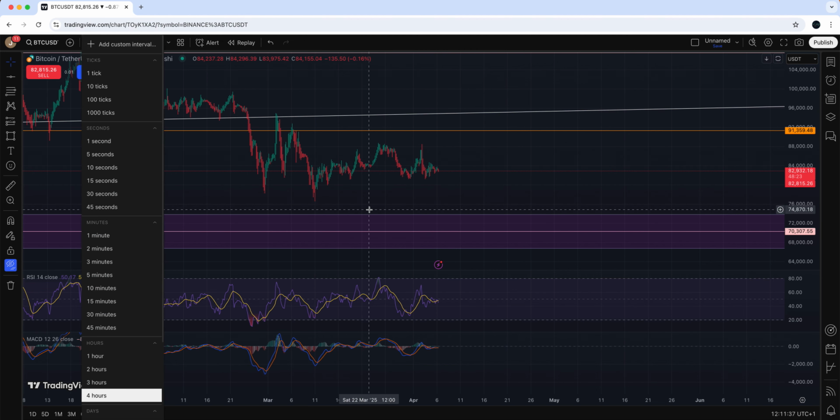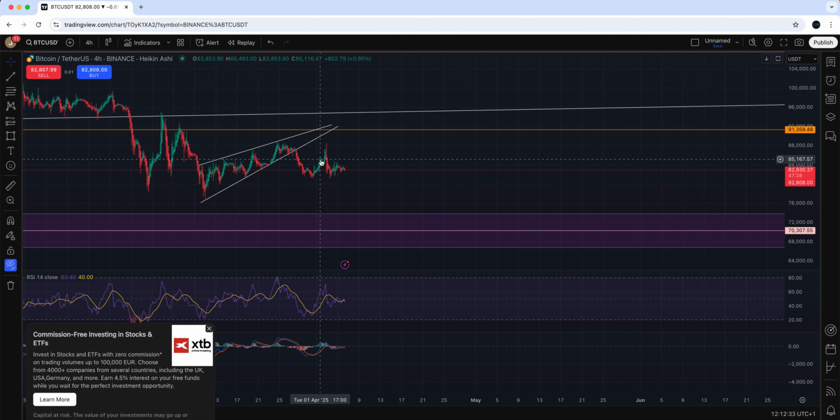So it was something like that. It broke down to the downside, came up, retested quite close to areas that we believed it would. At the time I saw it come to this area, but we actually got that kind of retest in that area around 88 before.